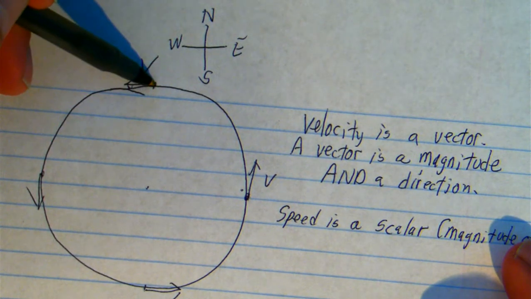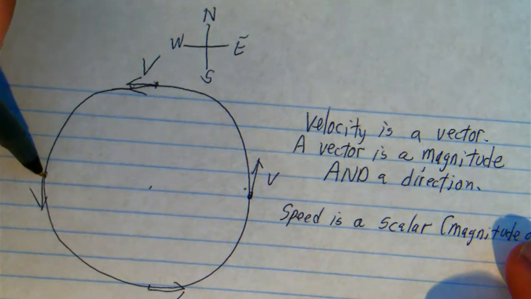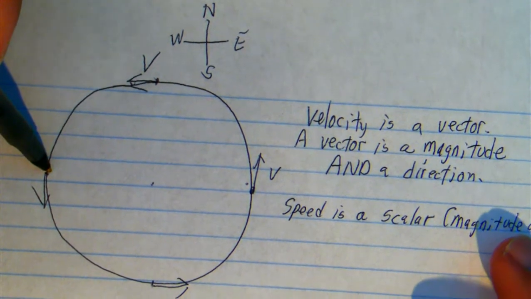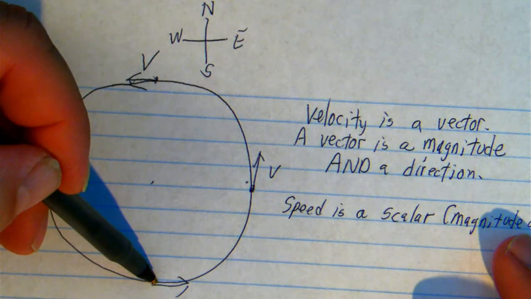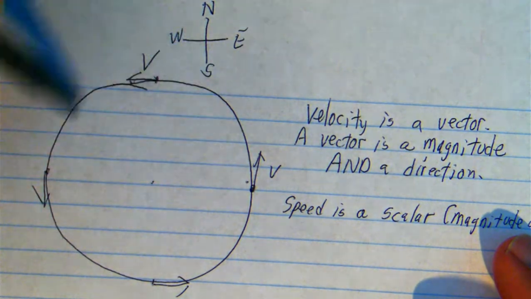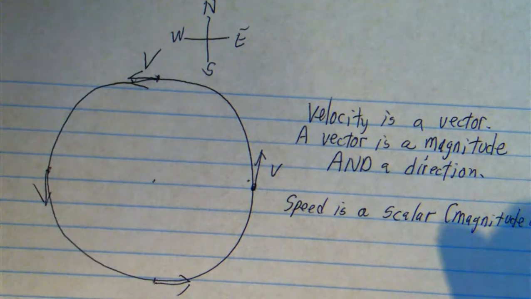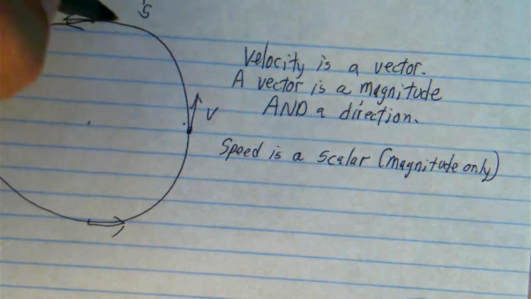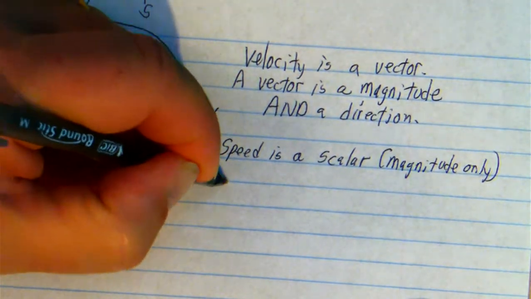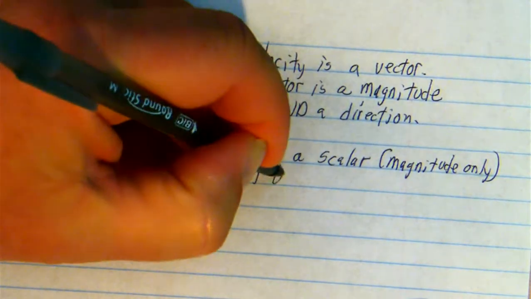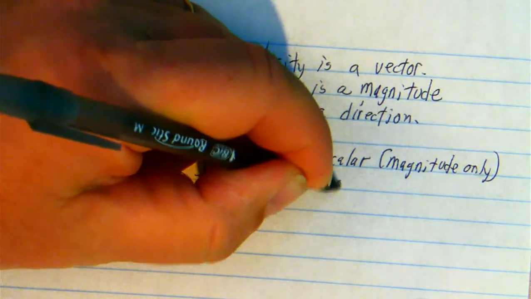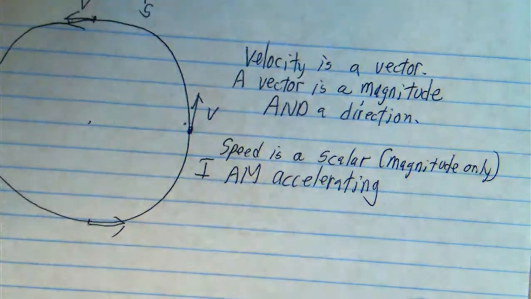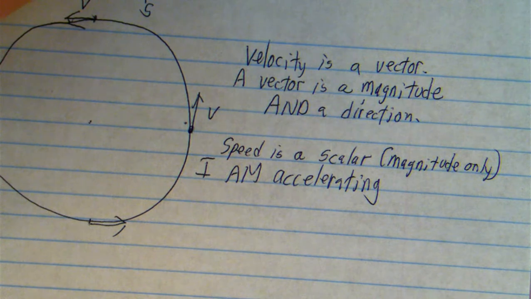Later, I was heading west. Later still, I was going south. Even later, heading east, and then repeating over and over again as I go around and around the circle at a constant speed. So the result is I am accelerating because my direction is changing.